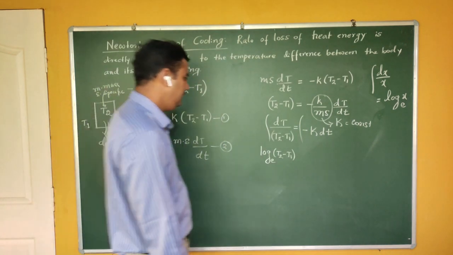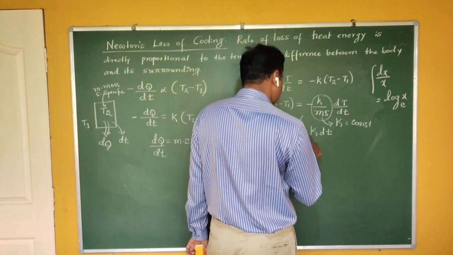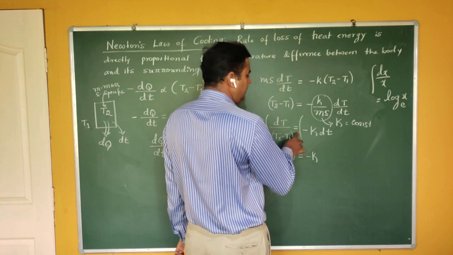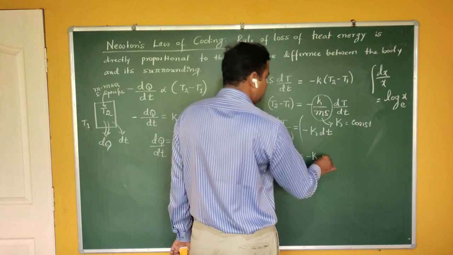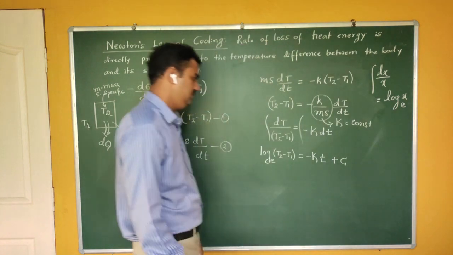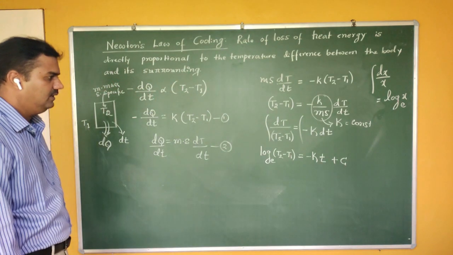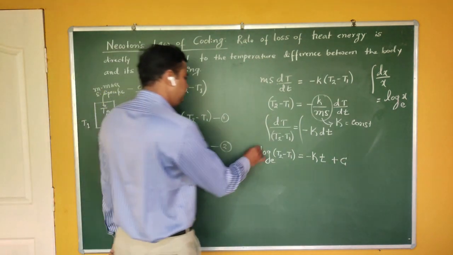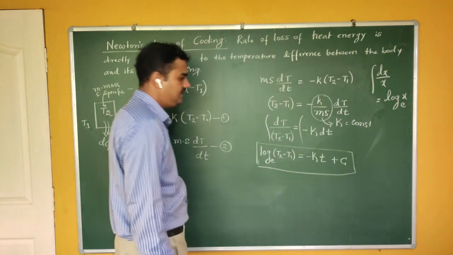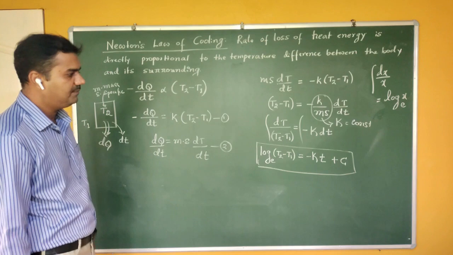To the base e is equal to, the integration is not applicable for the constant, so the integration of dt is nothing but t, plus you get some constant. These you are going to study in second PUC. Therefore I can say that log of T2 minus T1 to the base e can be written as minus Kt plus c.